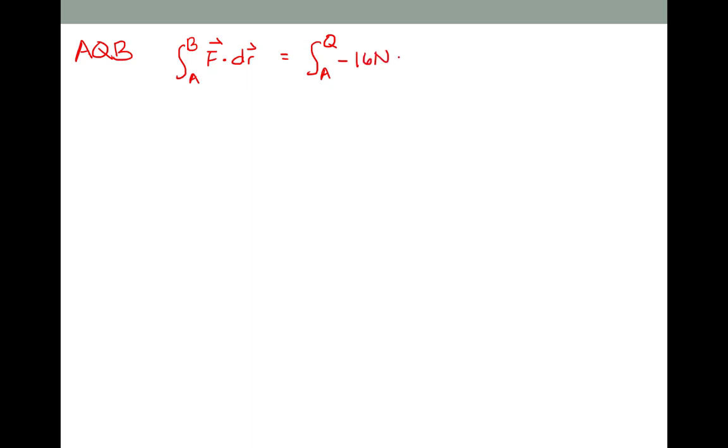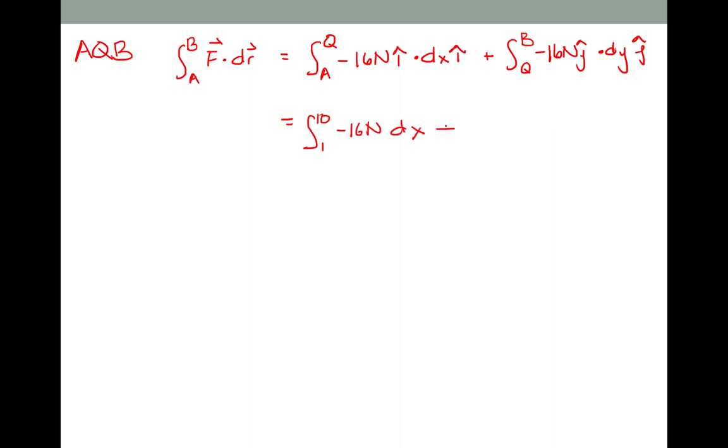So my force will be negative 16 newtons i hat dot dx in the i hat direction, plus the integral from Q to B of negative 16 newtons j hat dot dy j hat. These are the exact same integrals that we just did. And so I'm going to get the exact same number out, negative 400 joules.